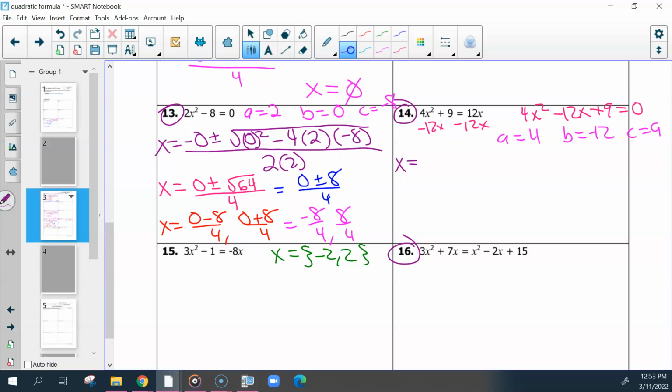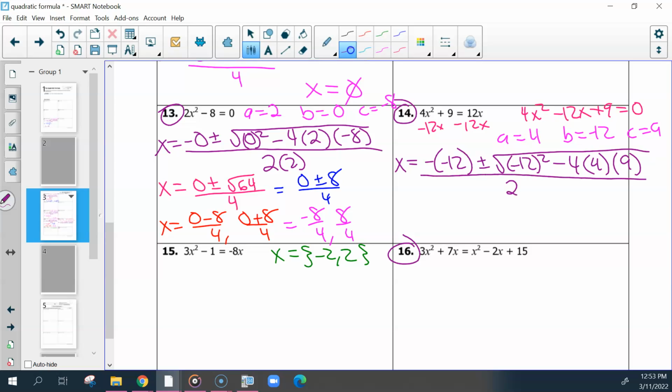X equals negative B plus or minus the square root of B squared minus 4 times A times C all over 2A. Find your discriminant number.